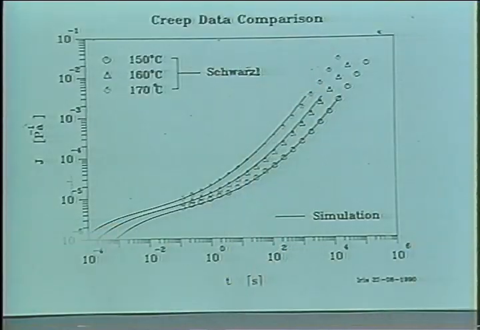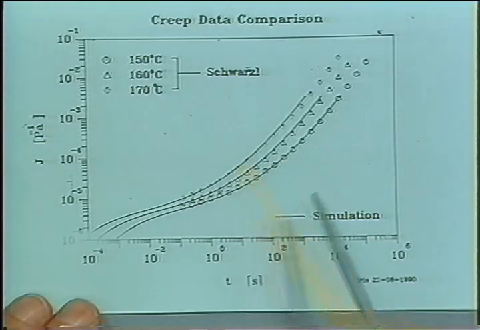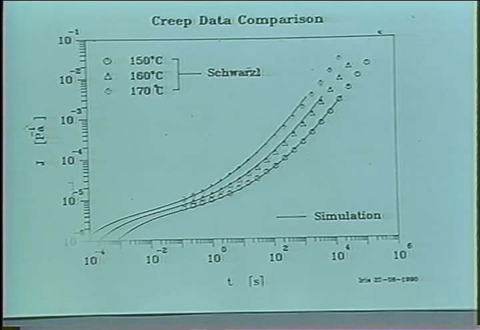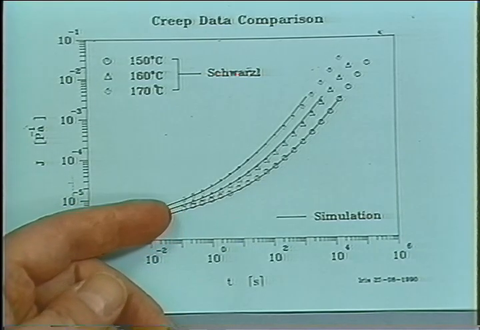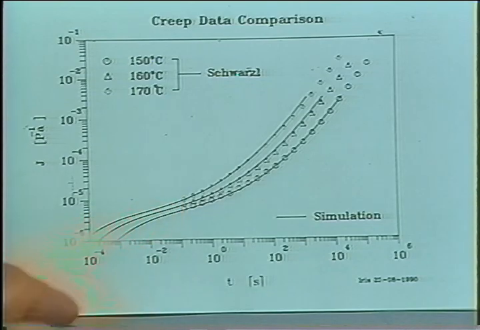and compare to data. Professor Schwarzl also sent us his data, which he measured in creep experiments. And indeed, the creep compliance, which we calculated from dynamic mechanical experiments, is really identical with the creep compliance he measured. Now, creep experiments are quite involved, and several research groups developed instruments over a long period of time to measure creep compliances with that accuracy.